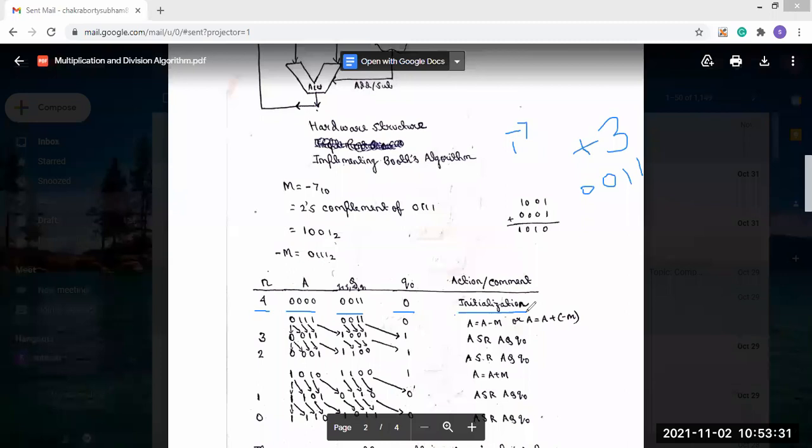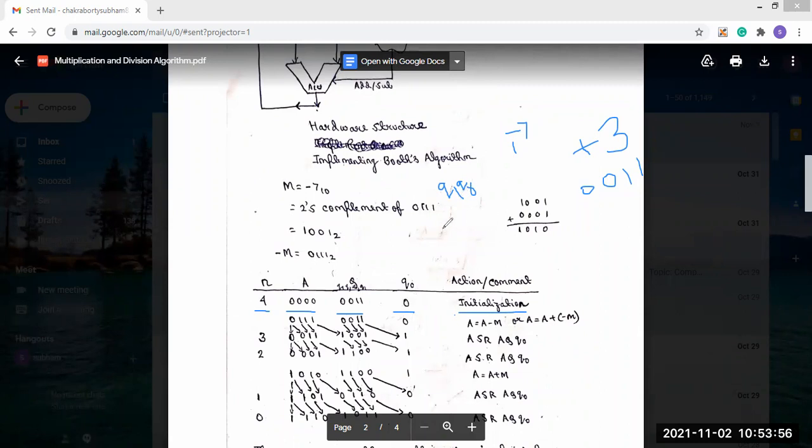After initialization, what do we have to check? If we see our flowchart diagram, what will be the Q1 Q0 value? Here the Q1 Q0 value is 1 0.